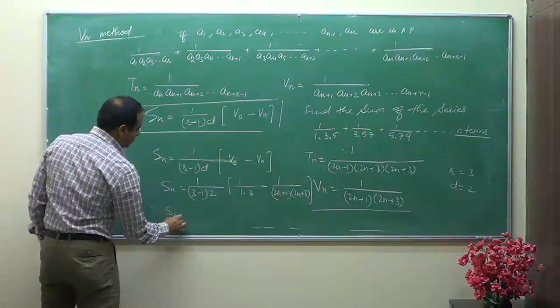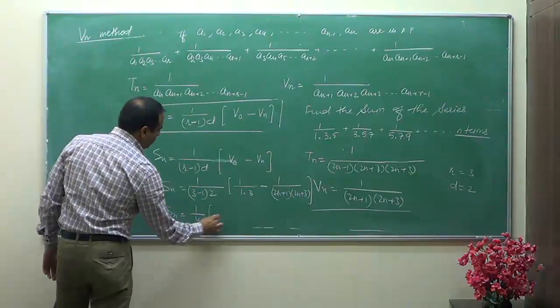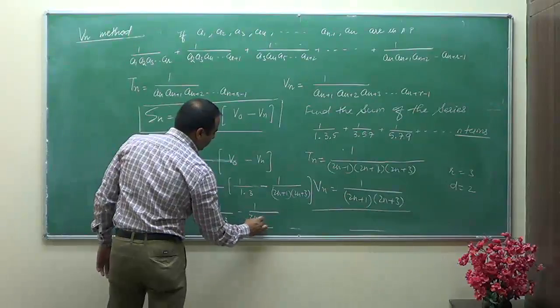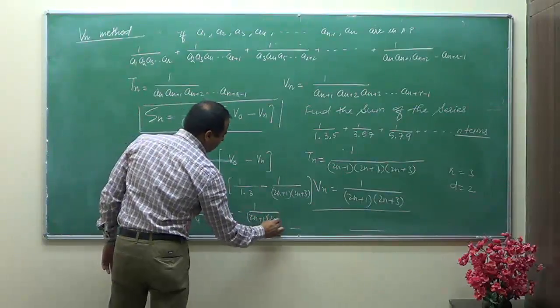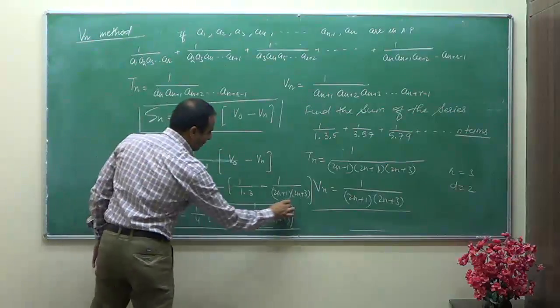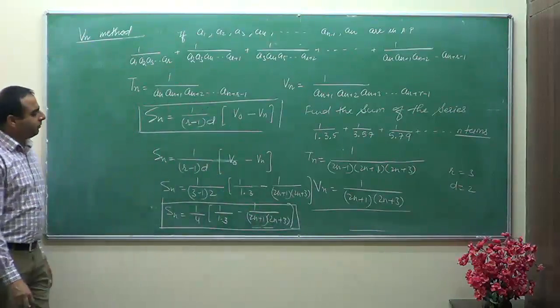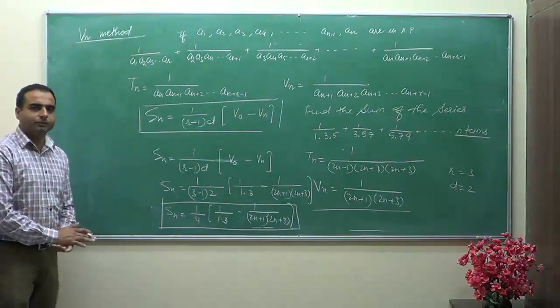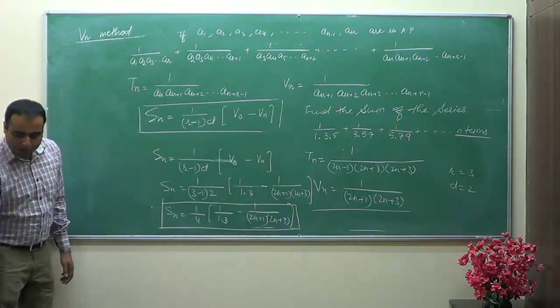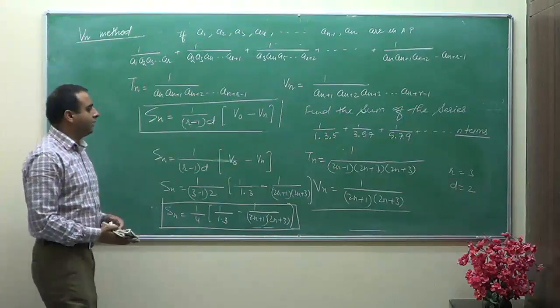So Sn is equal to 1 by 4 times 1 over 1 into 3 minus 1 over 2n plus 1 into 2n plus 3. इस तरह से हम इसका सम निकाल सकते हैं. So these are the application of Vn method. कई बार इसमें सवाल कुछ इस प्रकार आता है, देखिए.